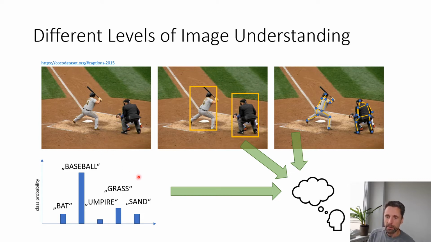Obviously, the more information we get, the easier this process is, so the easier my imagination can generate such a scene. It's pretty hard, having just those class probabilities.